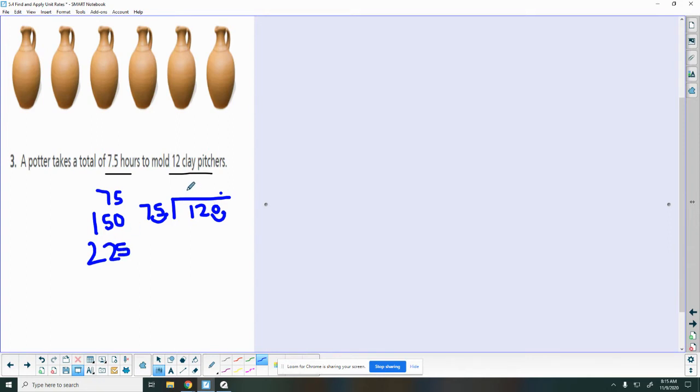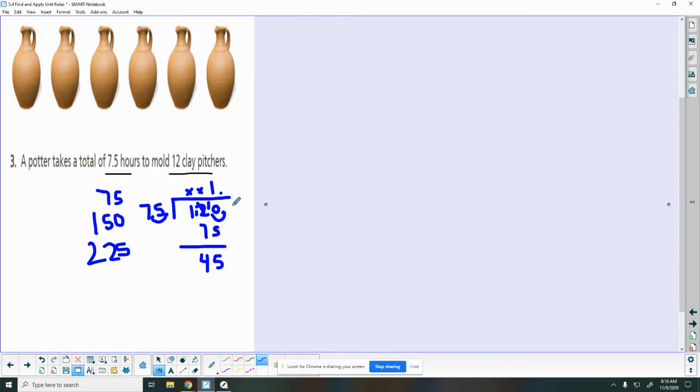So I know it can't go into 1 and it can't go into 12, but it can go into 120 one time. 1 times 75 is 75. So I need to borrow here. So 10 minus 5 is 5. 11 minus 7 is 4. And when I have decimals, that means I should give my answer as decimals here.